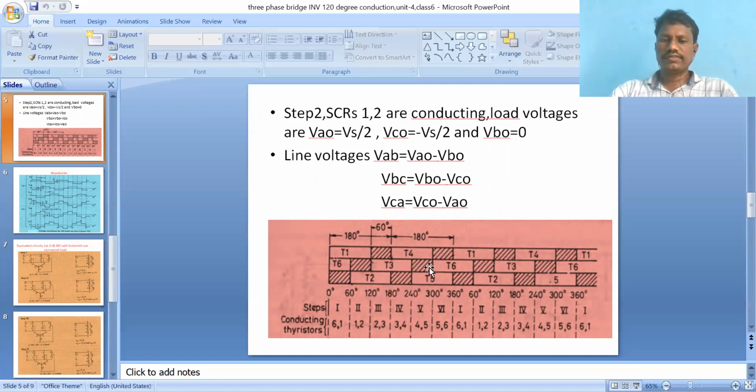Then again for 60 degrees, nothing conducts. Then the second limb's other thyristor T6 conducts after 300 degrees, up to 60, and then for one more 60. Then from 60 to 120 of the second limb, nothing conducts.